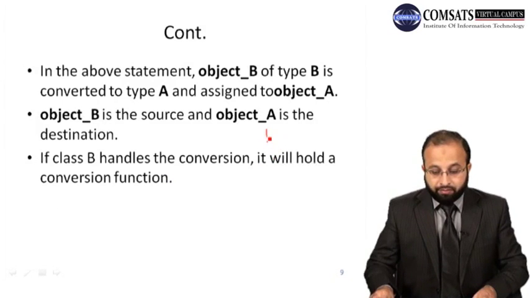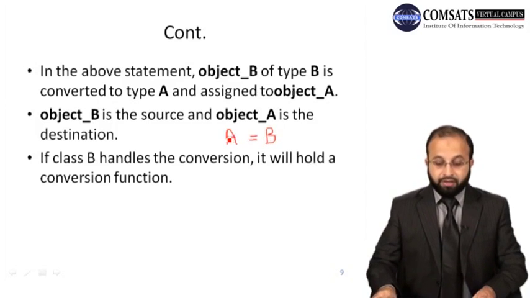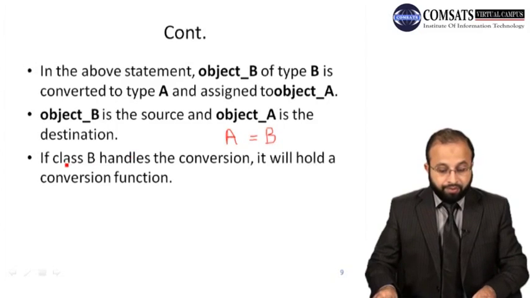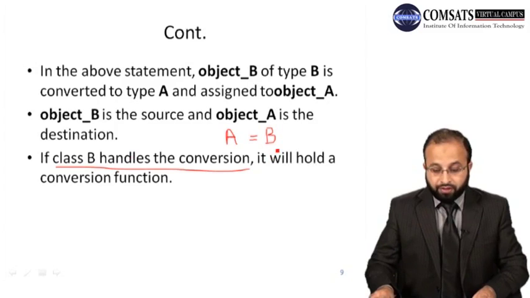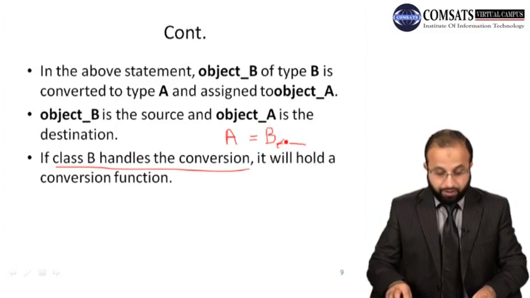That is, if I write B over here, then we have the equal sign and then we have A, so it is like this. So let's say this B is an object of B class and A is an object of A class, right? So if the B class handles the conversion, it will hold a conversion function. If the B class handles the conversion, then it will have a conversion function.